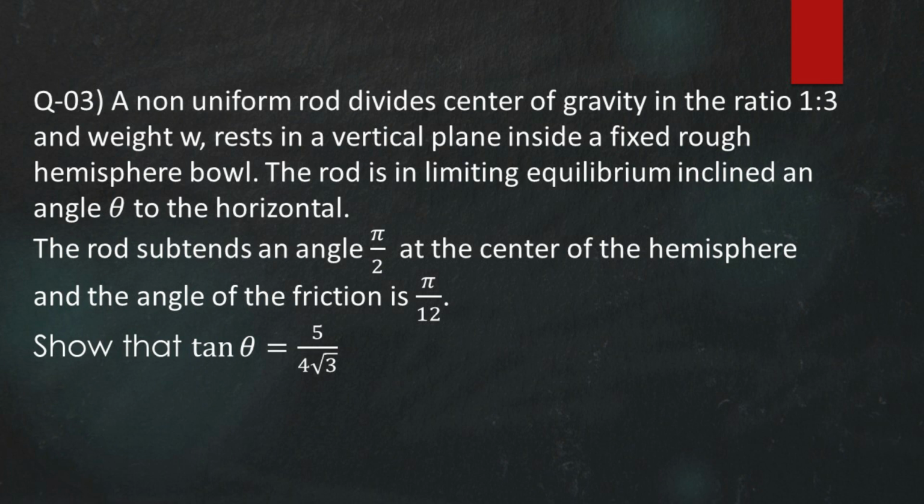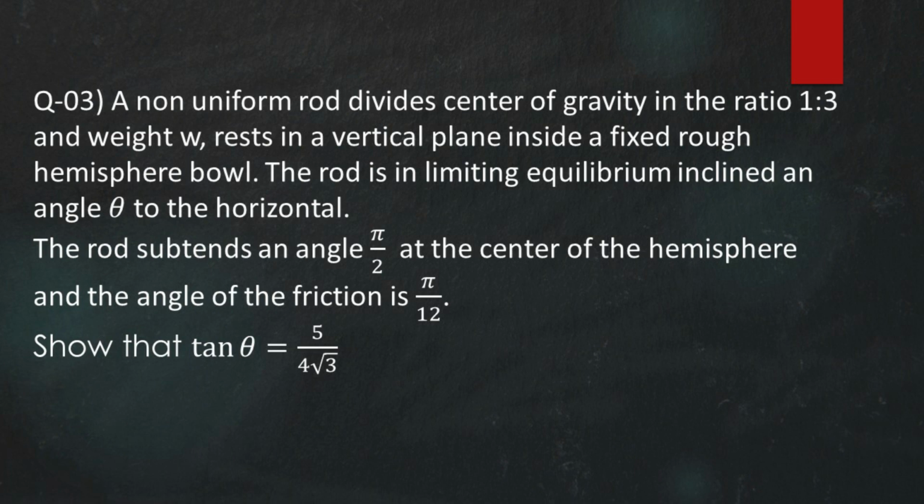The rod is in limiting equilibrium, inclined at angle theta to the horizontal. The rod subtends an angle of 90 degrees at the center of the hemisphere, and the angle of friction is pi by 12. Show that tan theta equals 1 over 2 root 3. Okay, so let's see how to find that.